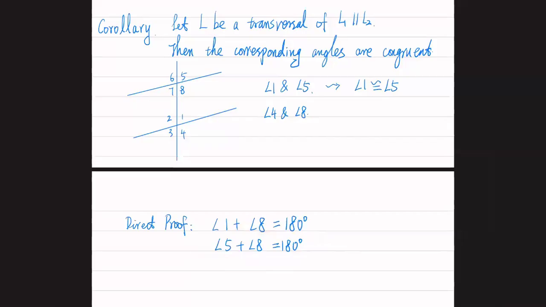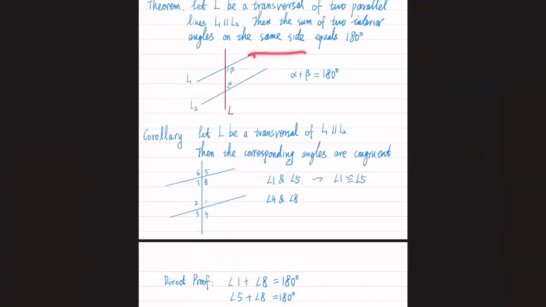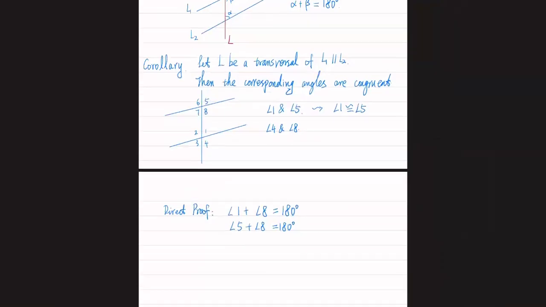And Kira, why is the addition of these two 180? Because like the fifth postulate said, the interior angles on the same side of parallel lines will equal 180. Okay, yes, so that's the previous theorem. It must be 180.